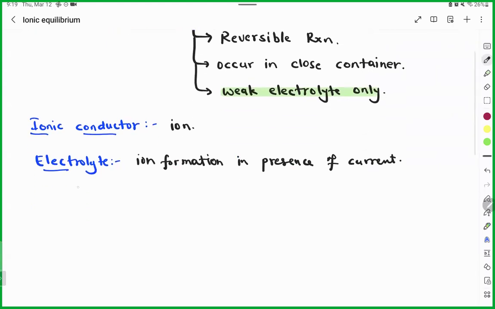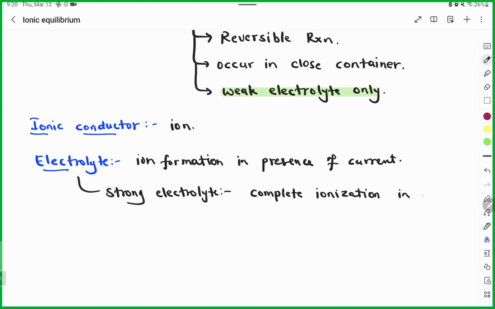You have two types of electrolyte, strong and weak electrolyte. In the case of a strong electrolyte, there will be 100% dissociation, complete ionization in the ionic condition, complete ionization or complete breakdown in solution, in aqueous solution, and all the molecules will convert into the proper ions.